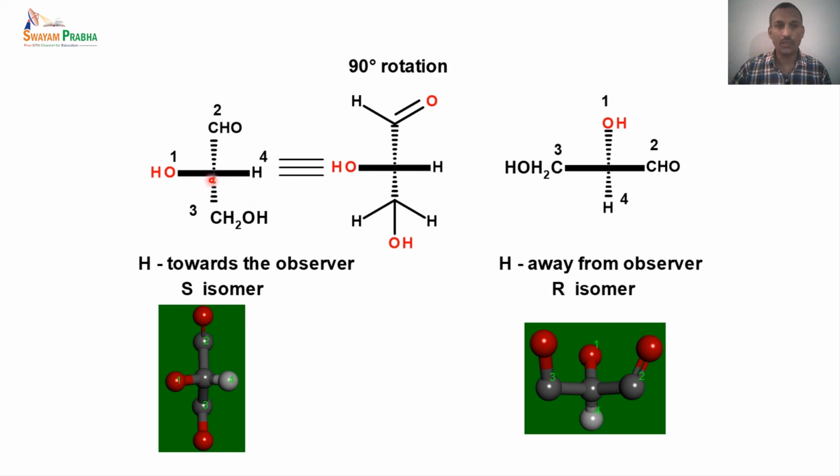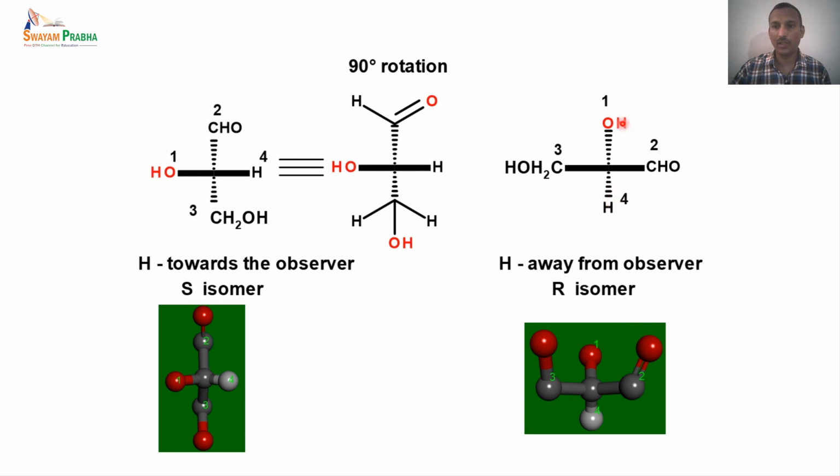An easy way to understand this is, if the hydrogen is projecting towards the observer, the easiest method is just to do a 90-degree rotation, and once you do that, the hydrogen goes away from the observer. If it is in the vertical axis, it has to be converted to the horizontal axis. So on the horizontal axis, the group is away from the observer.